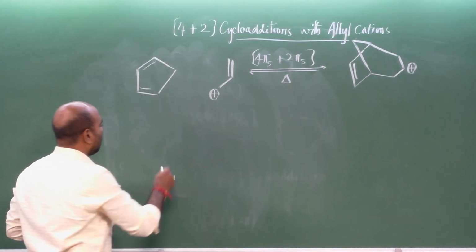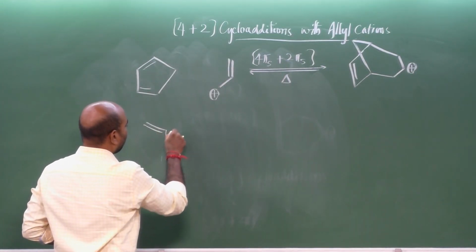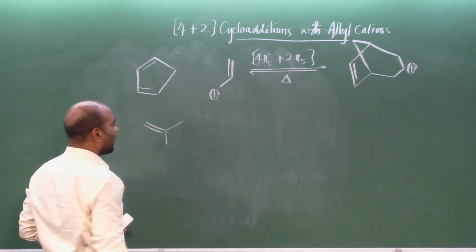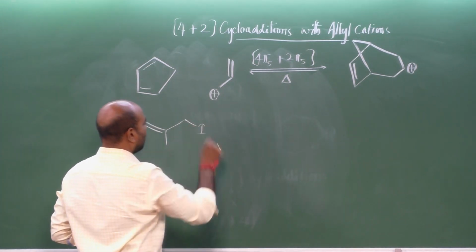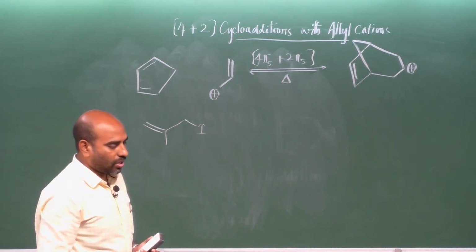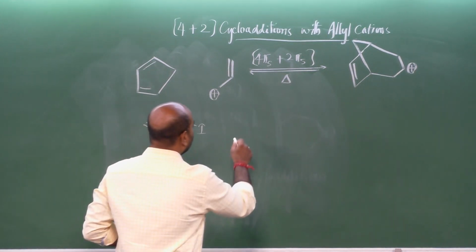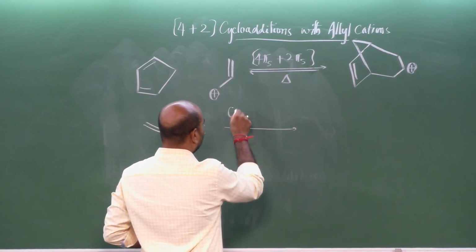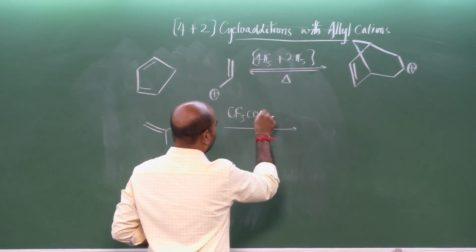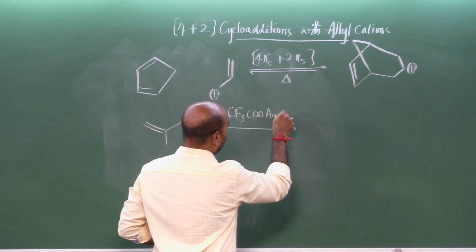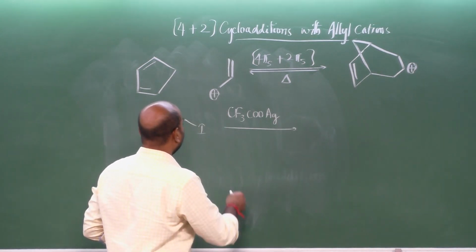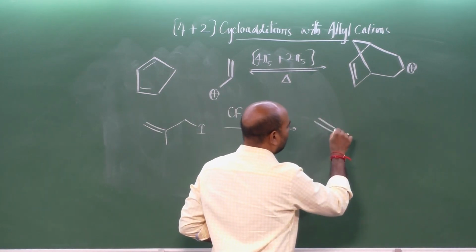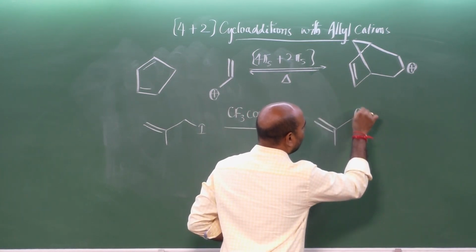If you have a molecule which can generate the allyl cation, for example, this molecule, on treating with the trifluoro silver salt of acetic acid, you will be generating an allyl carbocation.